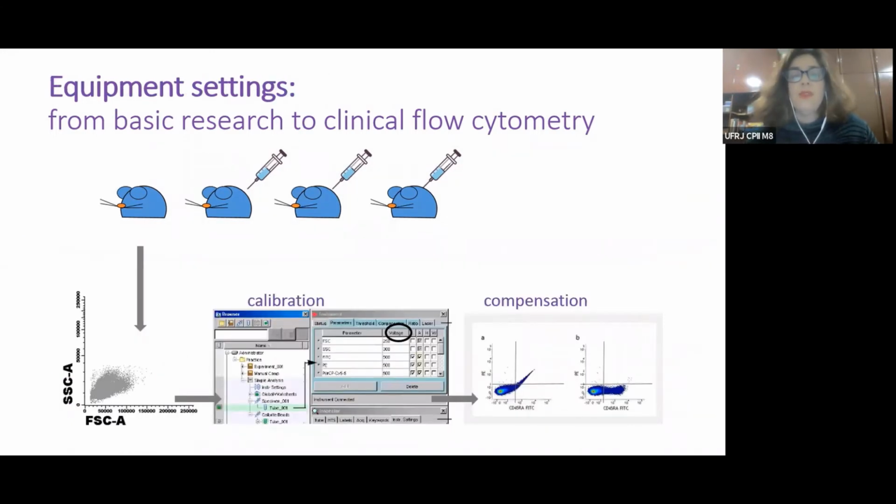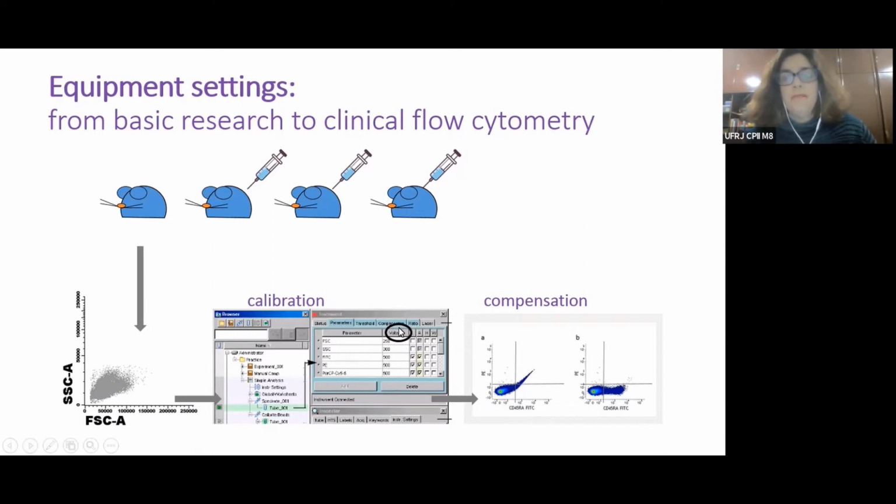So what we have to do is standardize the calibration, compensation, and the whole procedures to make the cytometer comparable over time.